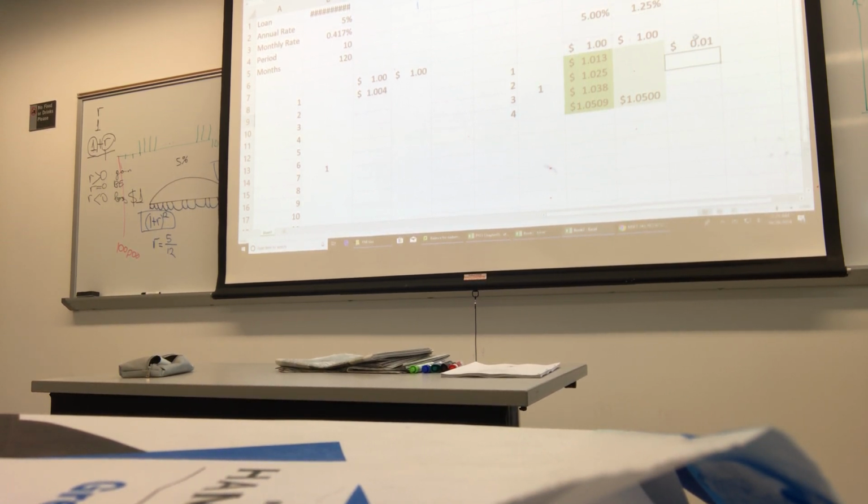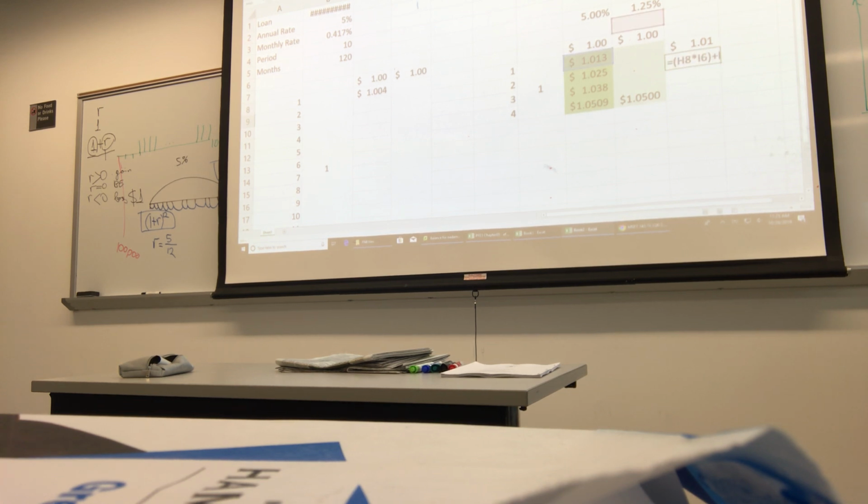Correct? You make 1 cent. In this 1 cent that you make, you add what you have before. You take it and you drag it further down.